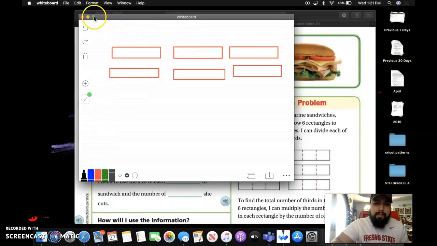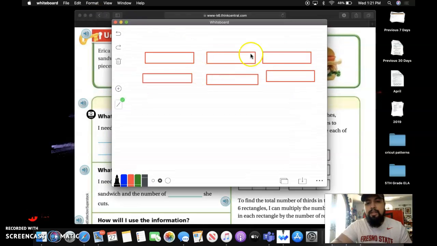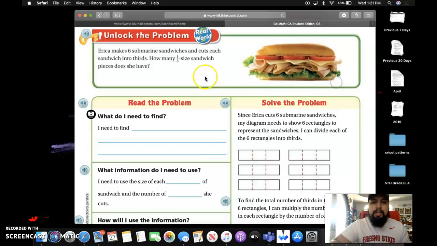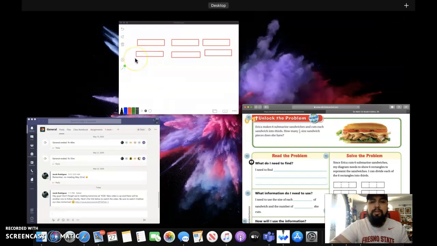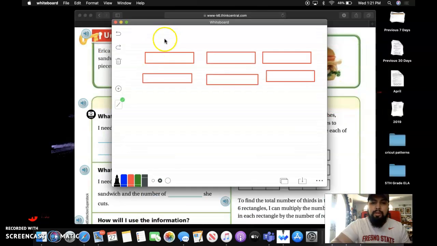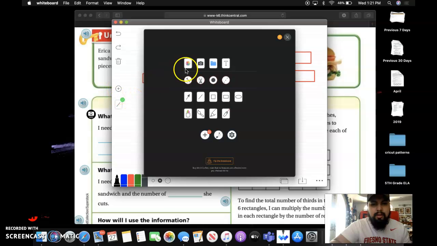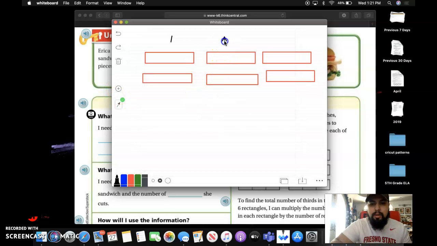I have our whiteboard, and these 6 boxes are going to represent the sandwiches. So I have 6 of them, and she cuts each sandwich into thirds, each whole sandwich into thirds. So there's a whole here, one whole, two. Oops, I have the line on right now. Let's see. We just want the regular.